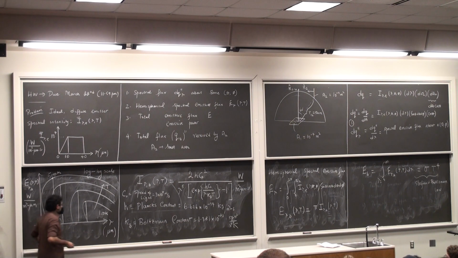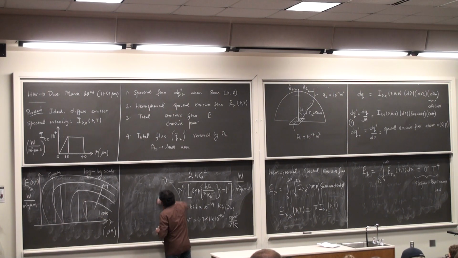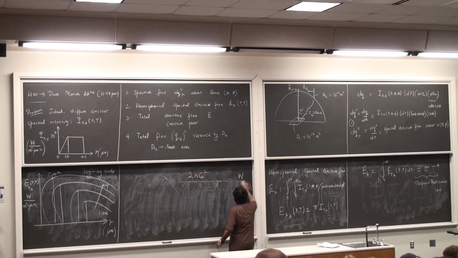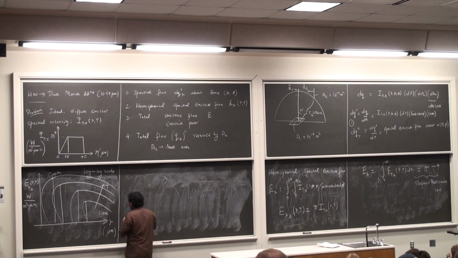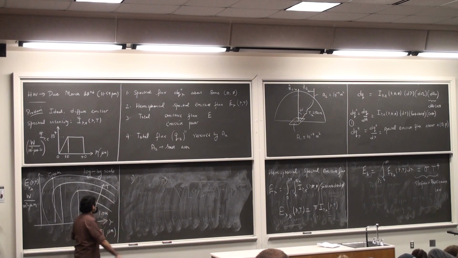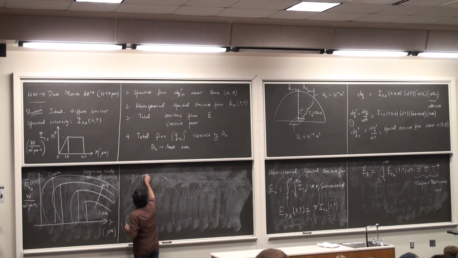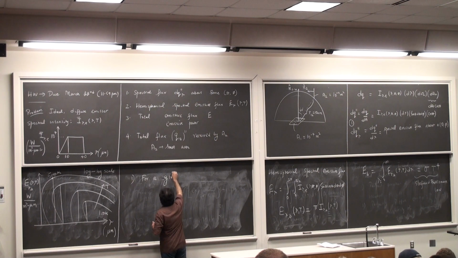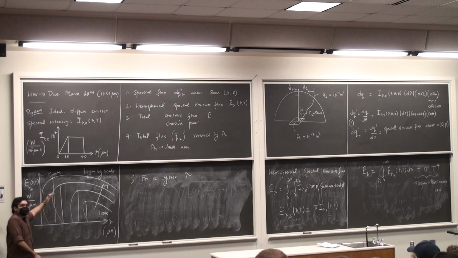Two things that I want to make a note of here before I leave you all for the day. First thing, for a given wavelength, can everybody still see my writing clearly after I erase the board multiple times?